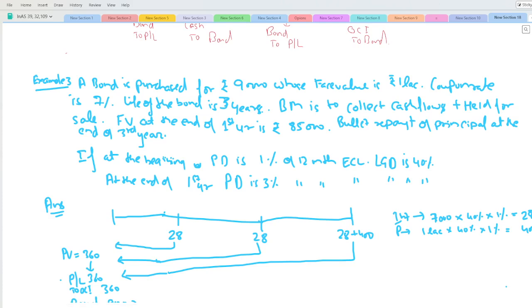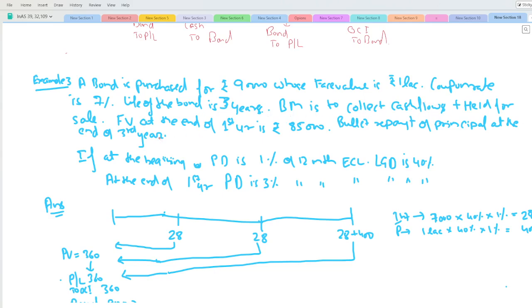Okay, so again the same example here. I've done some tweaks there. The bond is purchased for 90,000. The face value is 1 lakh. Coupon rate is 7%. Life of the bond is 3 years. Business model test: I've just added here to say that this is an FVOCI instrument.